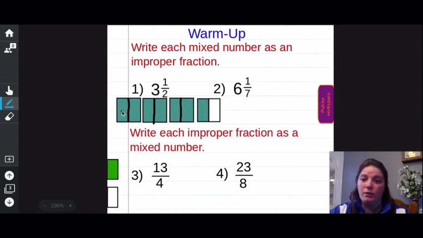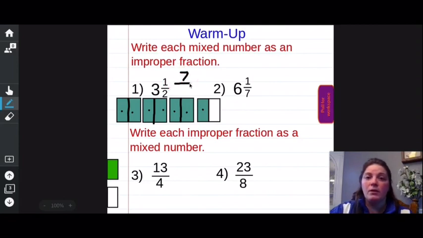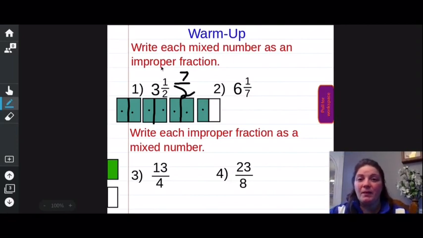We have 1, 2, 3, 4, 5, 6, 7. So we have 7 halves. Okay, so 3 1/2 is equal or equivalent to 7 halves.